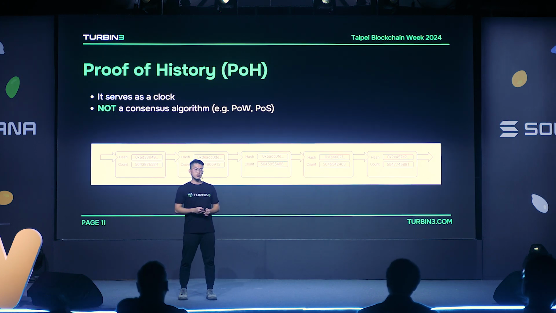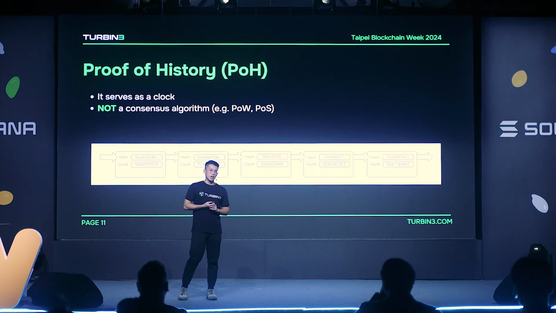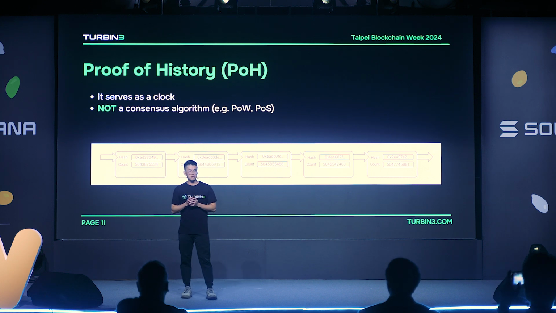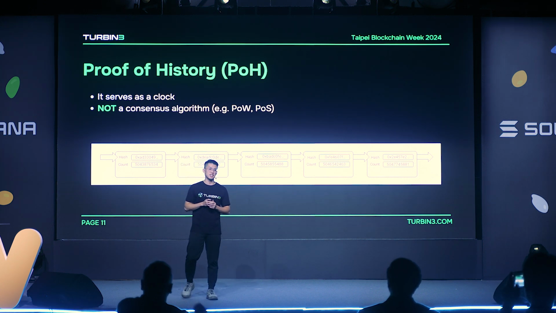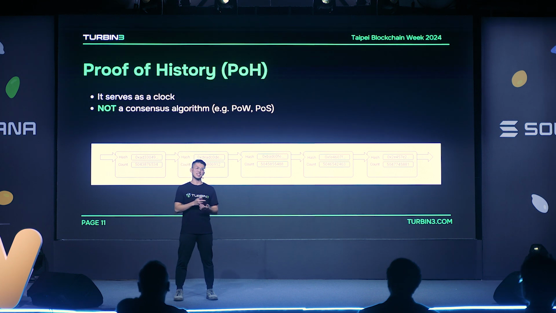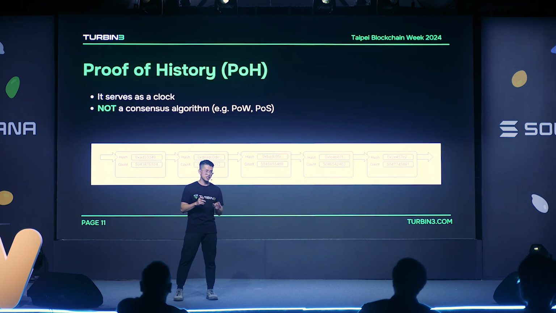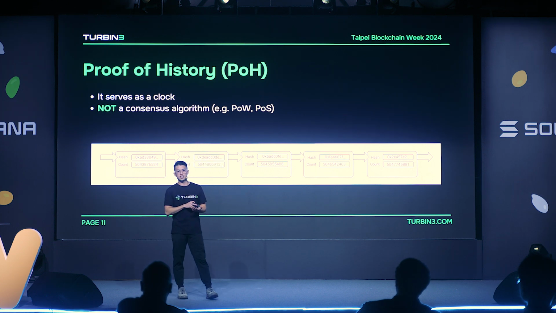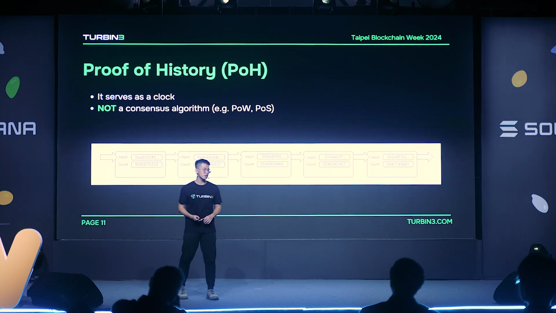And later we go on to proof of history. I believe that people have a misconception about Solana's consensus algorithm. They say that Solana's consensus algorithm is proof of history, but this is totally wrong. Solana's consensus algorithm is proof of stake. The validators need to stake their SOL to secure the network.